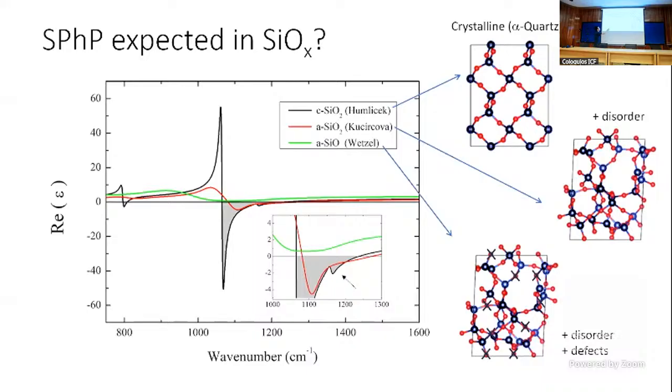For the crystalline one, it's very clear. And there is also this thing showing up here that will give origin to the second peak, not at the same position. In the disordered one, you have the polariton here. But it's not clear if there is something here. We found it. And if the amount of defects is very large, then you should expect that no polariton will be present.